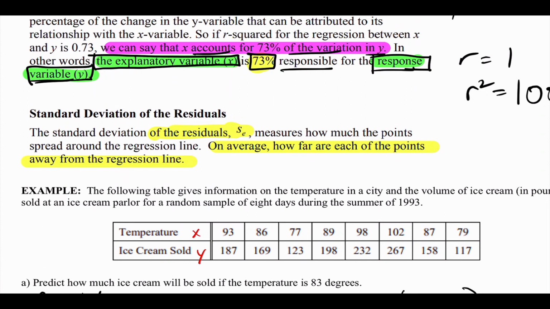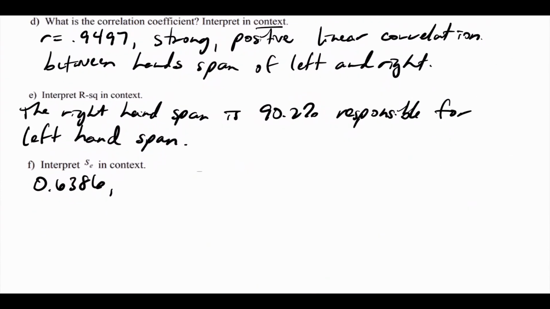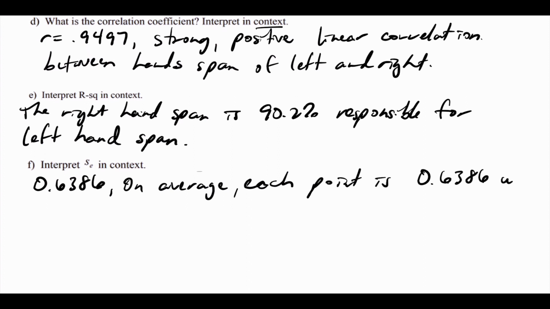So on average, each point is 0.6386 units away from the regression line, the predicted line.